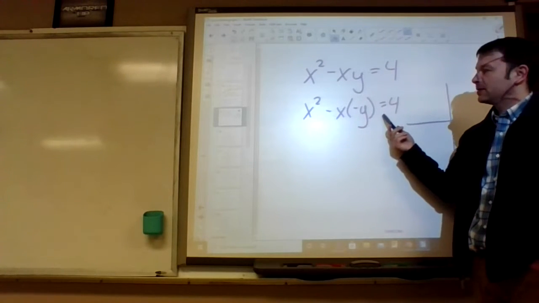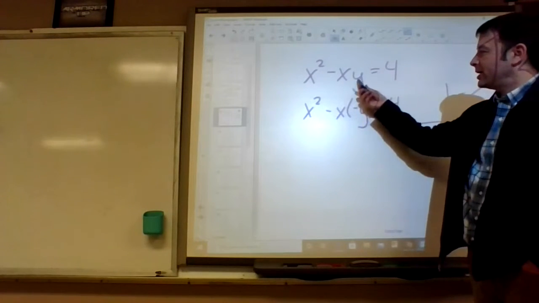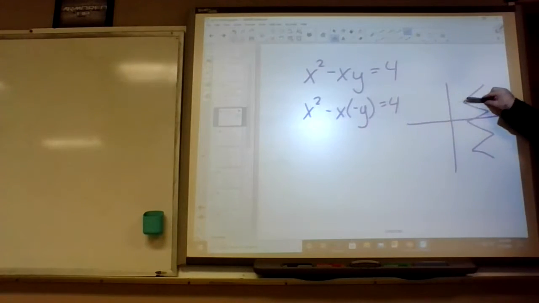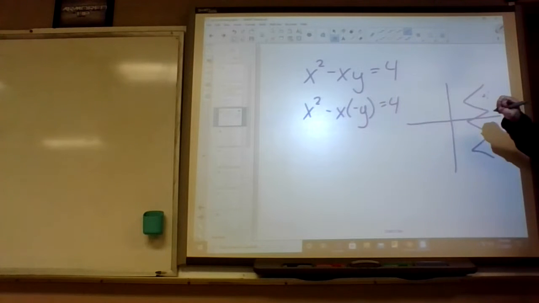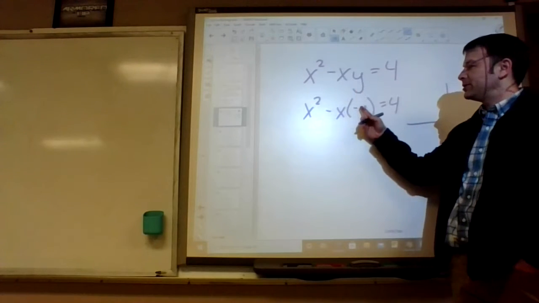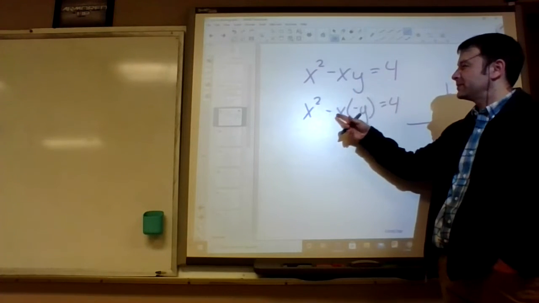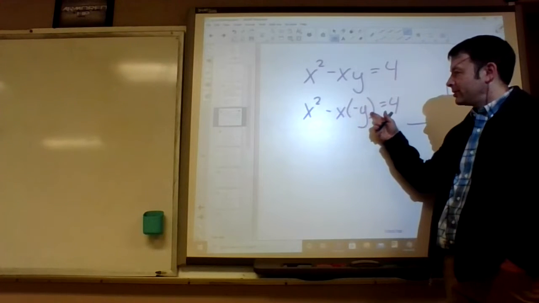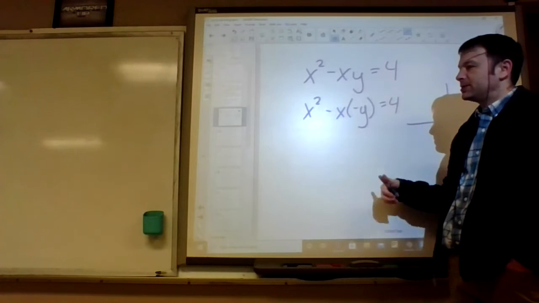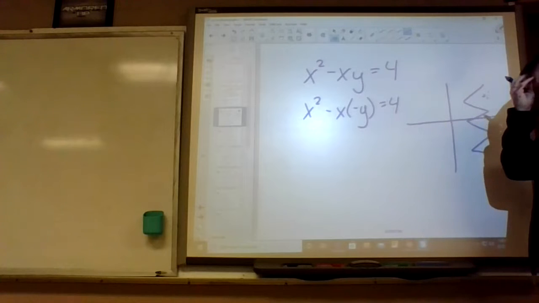If I change the y to a negative y value, because these opposite y values should be the same if it's symmetrical, is it the same? The answer is no. If I change y to a negative y, it becomes a positive plus xy right there instead of a minus xy. It changes the equation, so it doesn't work.